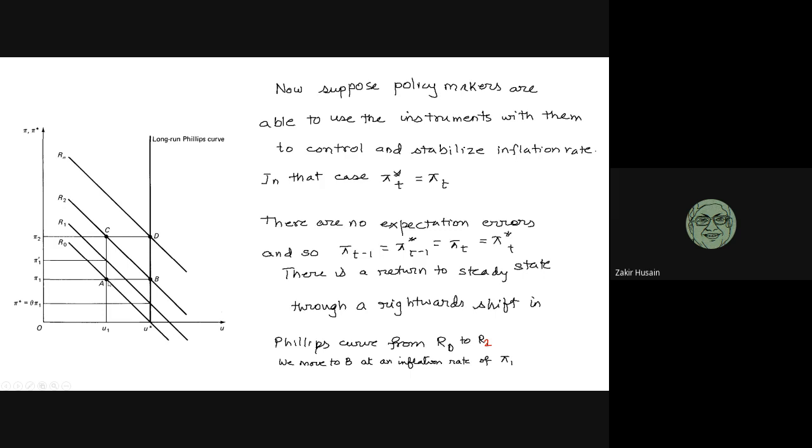The Phillips curve shifts from R0 to R2. We move from A to B. The inflation rate has gone up to pi 1. The expected rates are also revised accordingly. And we have a steady state equilibrium at B. The inflation rate is higher than before. The natural rate of unemployment continues to prevail.